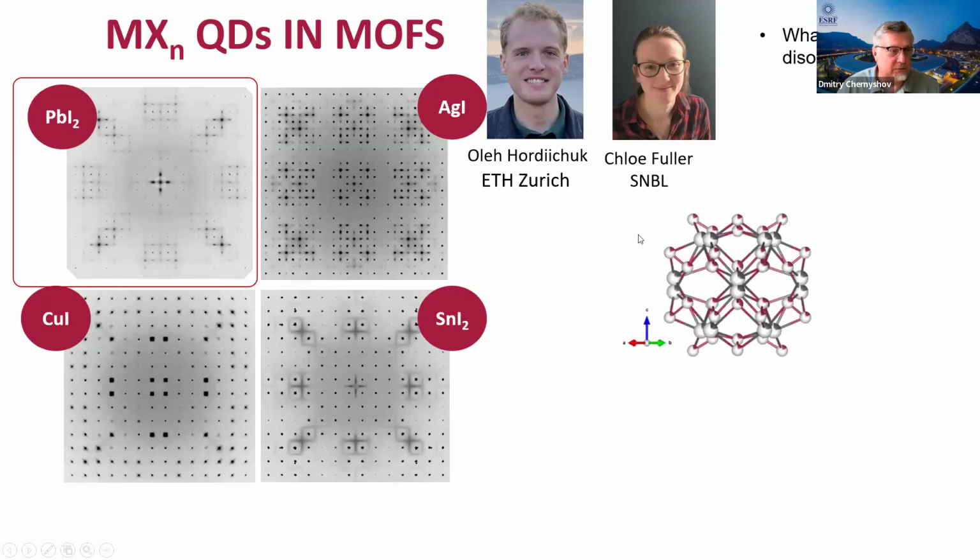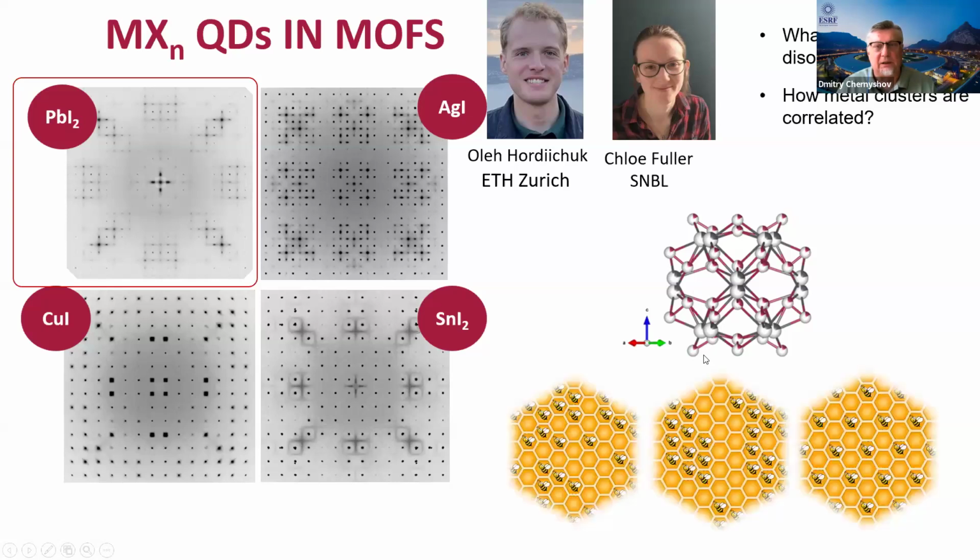Because solving the average structure from the Bragg data, we arrive at something which looks messy and quite difficult to see any cluster in these partially occupied atomic positions. And second, how these metal clusters correlate.